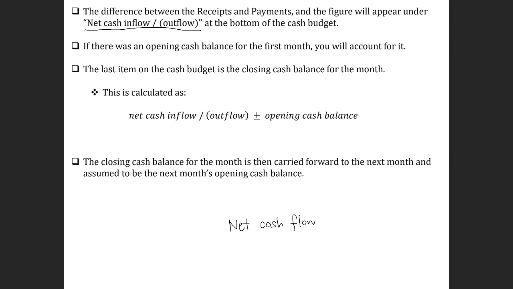This was basically the difference between all of the cash inflow, so all of your receipts, less all of your expenses or payments. So less your cash outflow. So inflow is all into the business, your receipts, cash outflow, all of the money leaving the business.